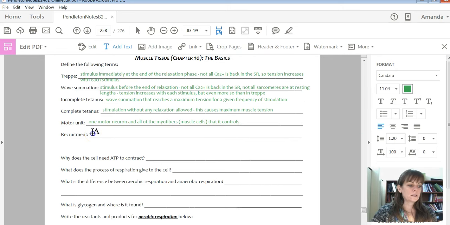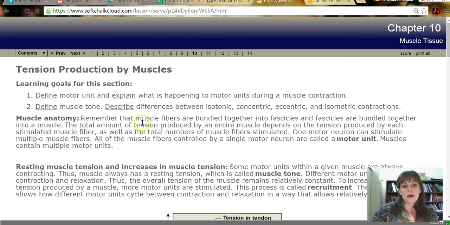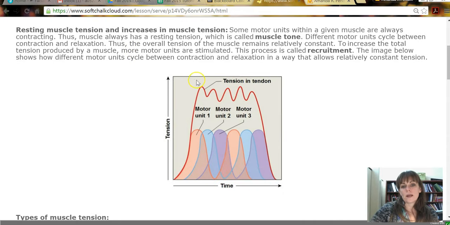And recruitment means that you are stimulating more motor units within a muscle. Okay? And so that is how we are able to keep tension high in a muscle.